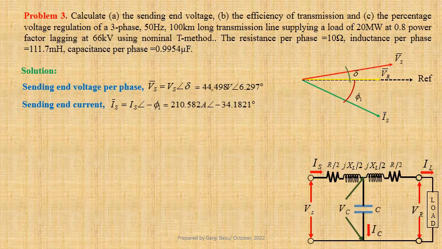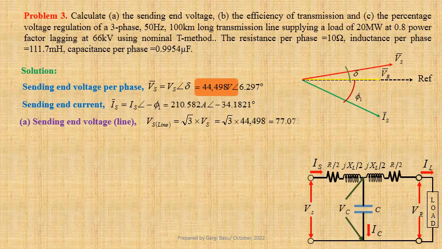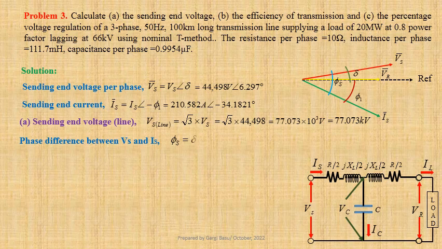For star connected system, line to line sending end voltage Vs line equals to root 3 times Vs, that is equal to root 3 into 44,498, that gives us 77.073 into 10 to the power 3 volt or 77.073 kilovolt. Phase difference between Vs and Is, phi s equals to delta plus phi 1.